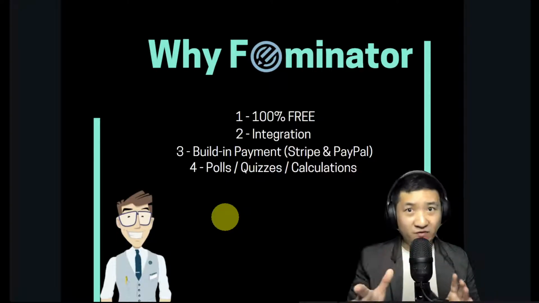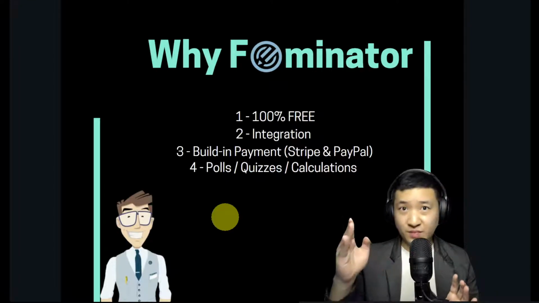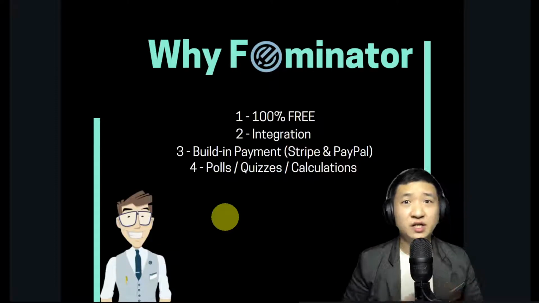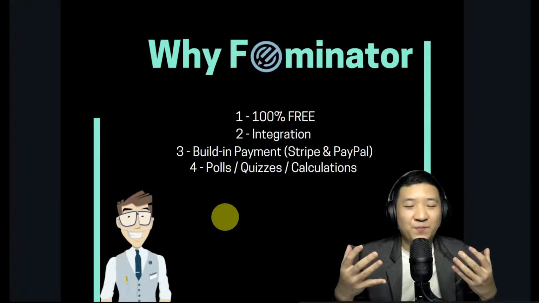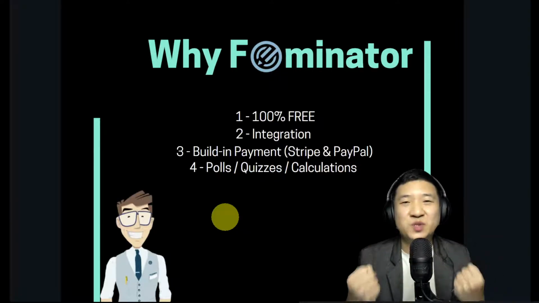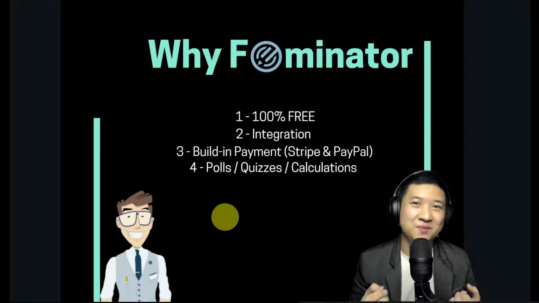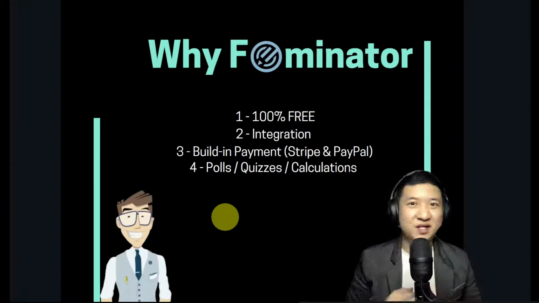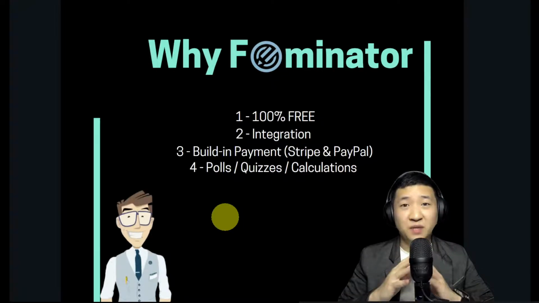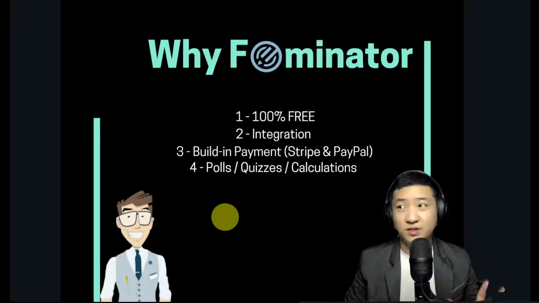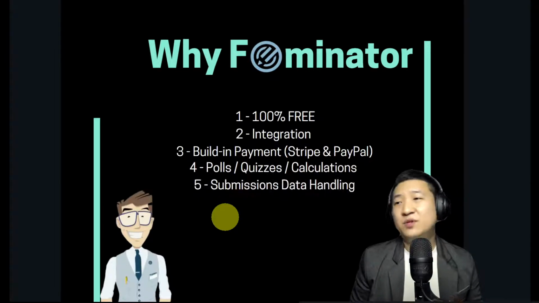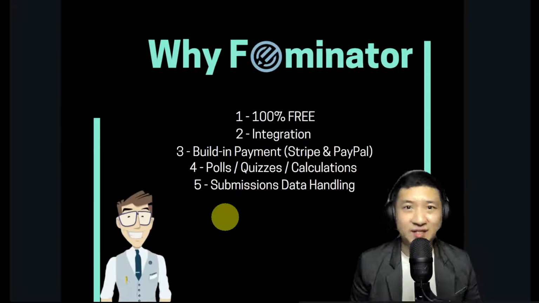I know Google Form has the calculation feature already, but if you really explore it, you will feel the restrictions and frustration. When it comes to Forminator, there is so much manipulation you can do. And number five, let me share with you is submission data handling.